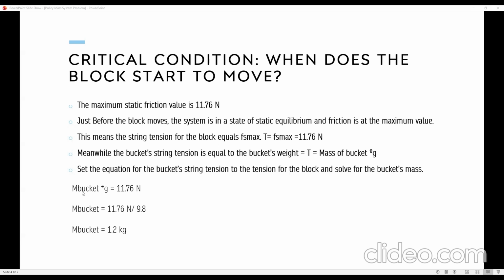To solve, we divide both sides by gravity, which leaves us with the mass of the bucket equal to 11.76 newtons divided by 9.8. This simplifies to 1.2 kilograms, meaning the maximum mass of the bucket and water before the block starts to move is 1.2 kilograms.